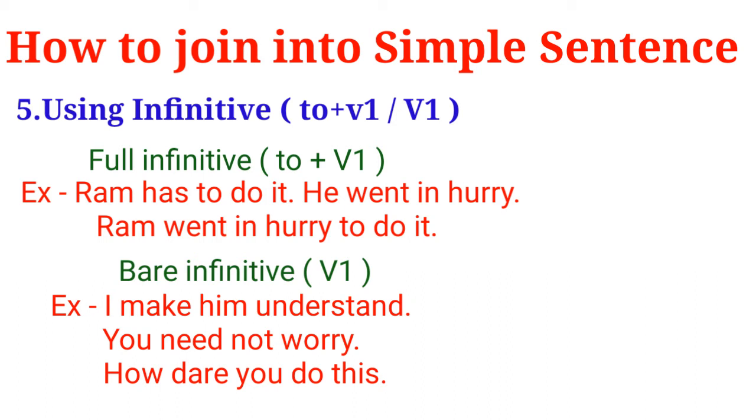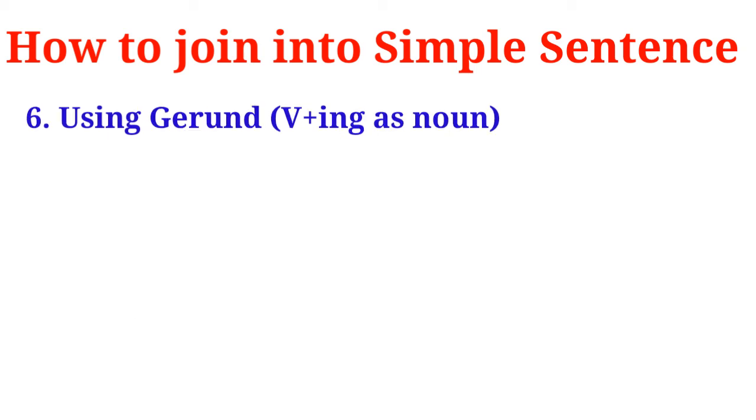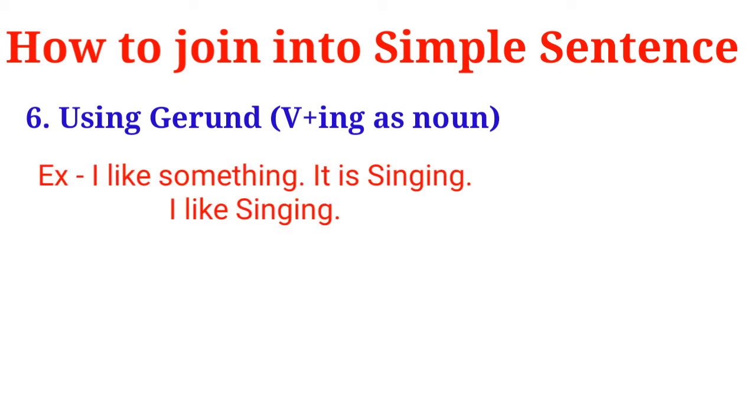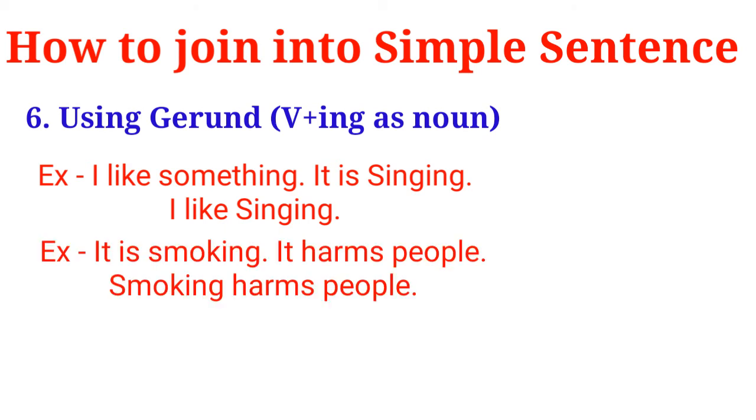So exactly according to the rules of English grammar, there are three non-finites, that is infinitive, gerund and participle. Here gerund comes into example. Using gerund also we can add two or more sentences into a simple sentence. Example, I like something, it is singing, and the joining becomes I like singing.